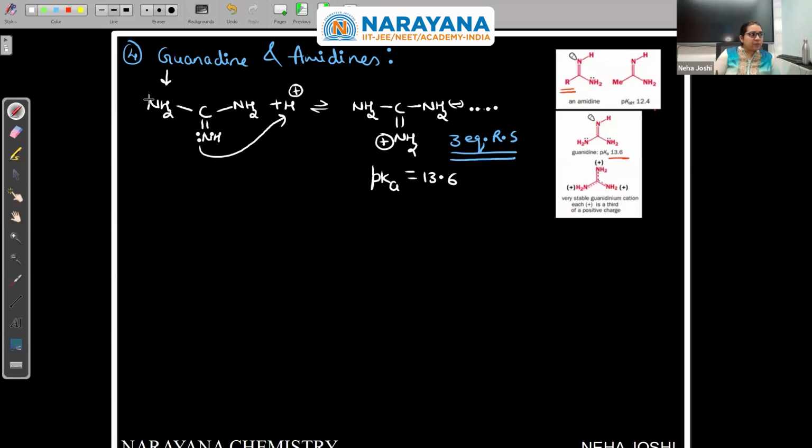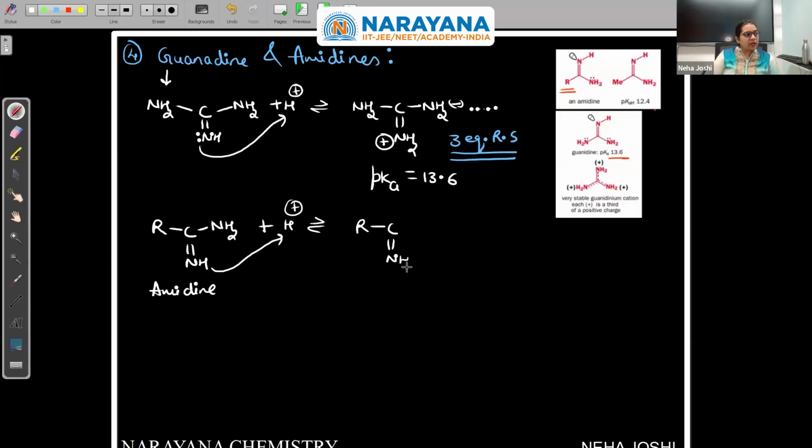What is amidine? One of the NH2 is replaced by any alkyl. RC double bond NH single bond NH2. Then it is called amidine. This R could be any alkyl. Now when I accept H plus, of course, the double bonded nitrogen will participate. So RC double bond NH2 plus single bond NH2.